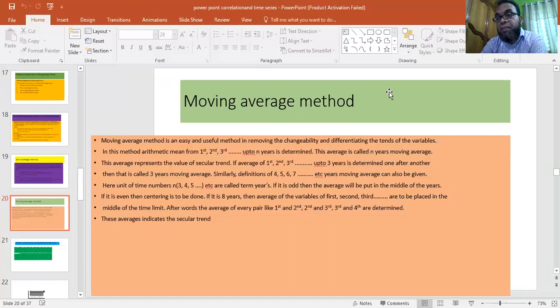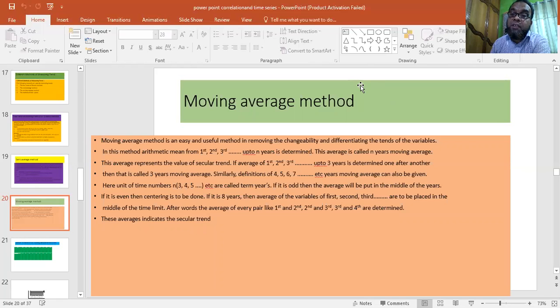If you calculate the 3 years moving average method, you will put the average at the corresponding second year. And in the moving average method, the average for the first year and the last year will not be given. You have to exclude the first year and the last year. By this way, we will solve the moving average method.